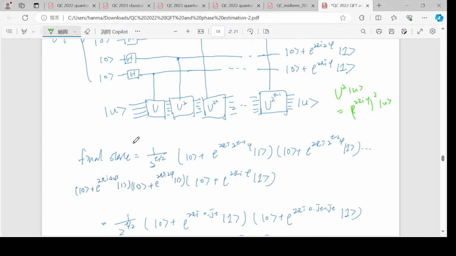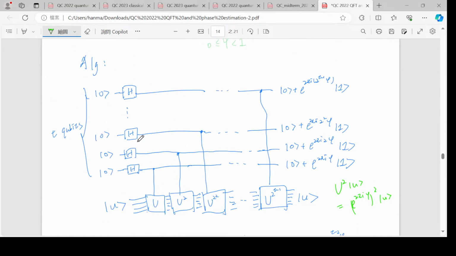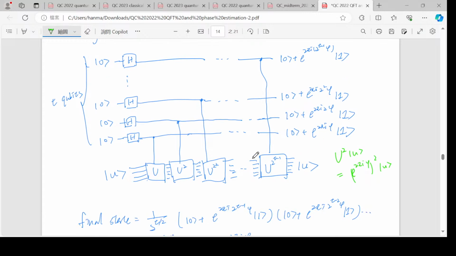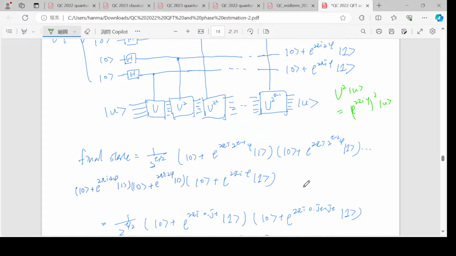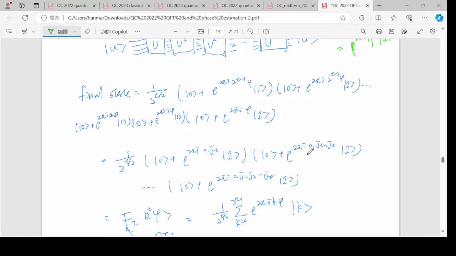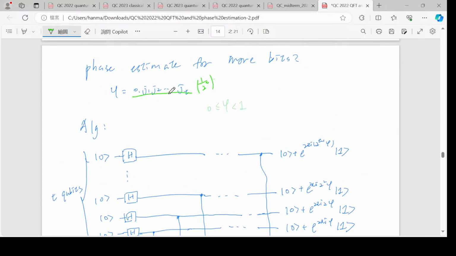Now why do we want to do this? Because if you look at it closer, it's similar to what we had before for our Fourier transform representation. So from top to down, we have e to the 2 pi i 2 to the T minus 1 phi, e to the 2 pi i 2 to the T minus 2 phi, etc. Now phi is 0.j1 j2 to jT.